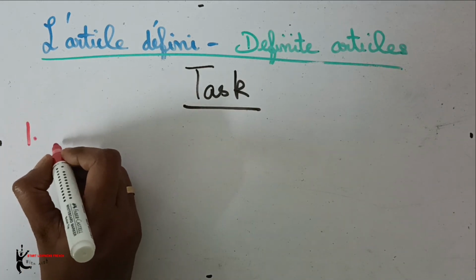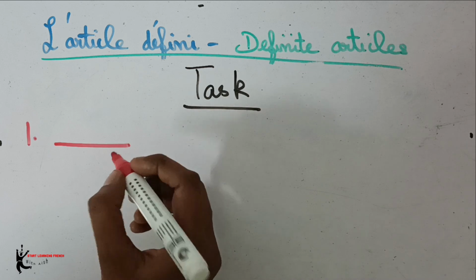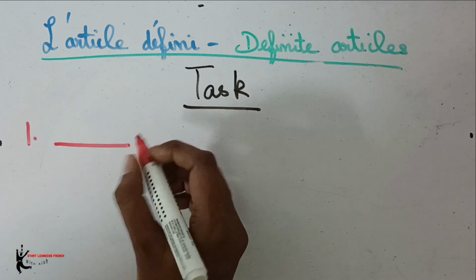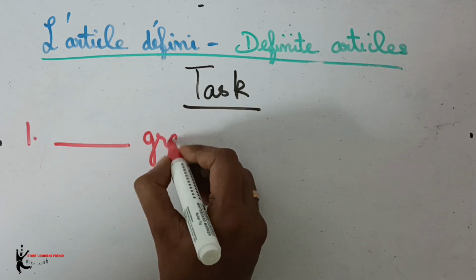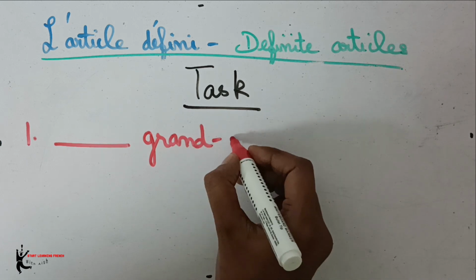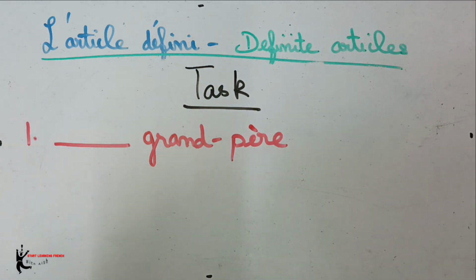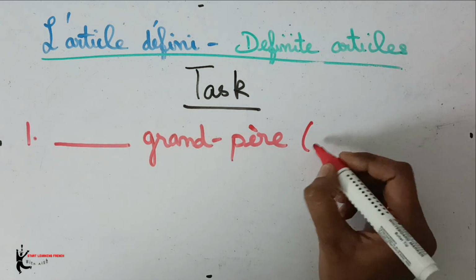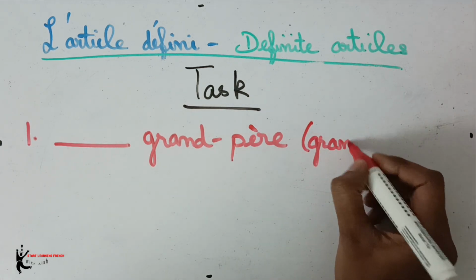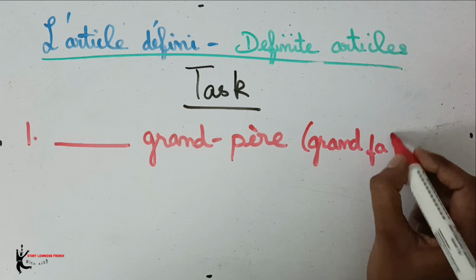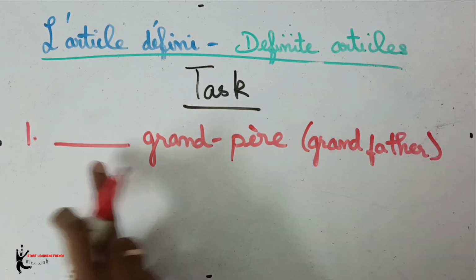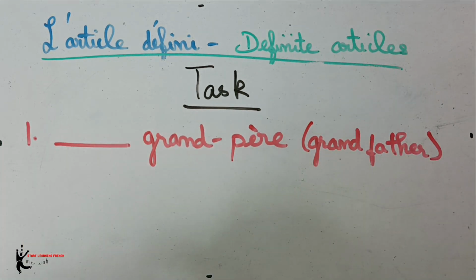Dash grand-père. Grand-père is the grandfather, in English it is grandfather. Just write me what article you are going to use here.